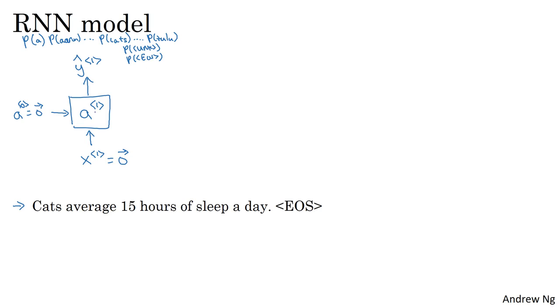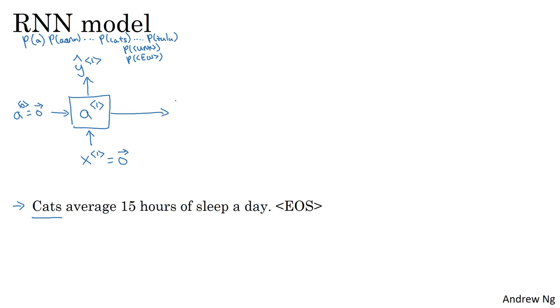But so, y hat 1 is output according to a softmax. It just predicts what's the chance of the first word being whatever it ends up being. And in our example, it wound up being the word cats. So this would be a 10,000 way softmax output if you have a 10,000 word vocabulary, or 10,002, I guess, if you count unknown word and the end of sentence as 2 additional tokens.